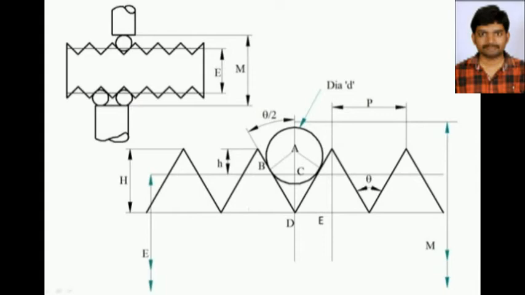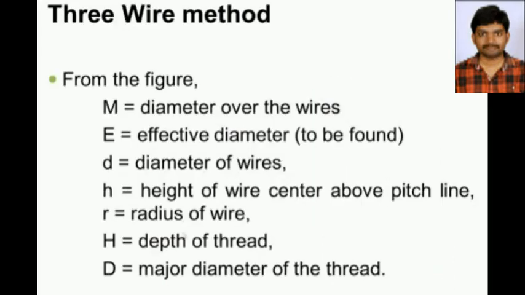So from the previous figure, capital M is the diameter over the wires, and capital E is the effective diameter, which is to be determined.